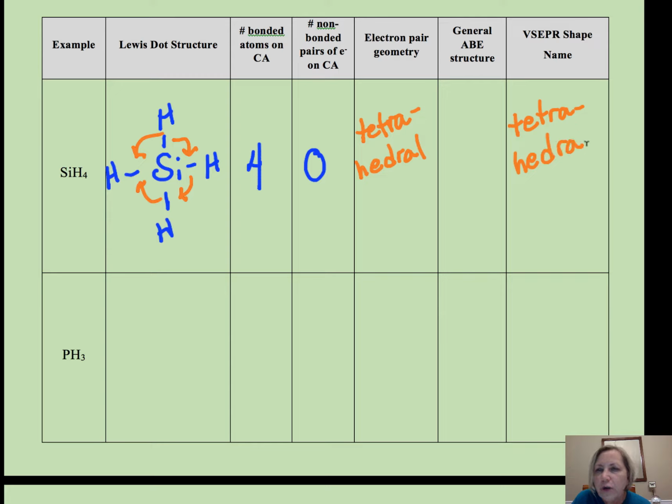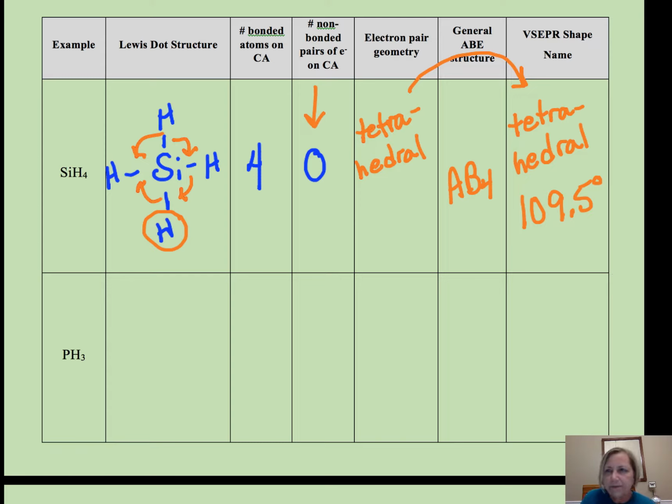I'm not sure if you've noticed a pattern, but so far we haven't had any non-bonded pair of electrons, and my electron pair geometry is the same as my VSEPR shape. This is an AB4 structure with typically 109.5 degrees. Okay, angles can vary a bit depending on the size of the peripheral atom. So you're just going to learn some typical bond angles.